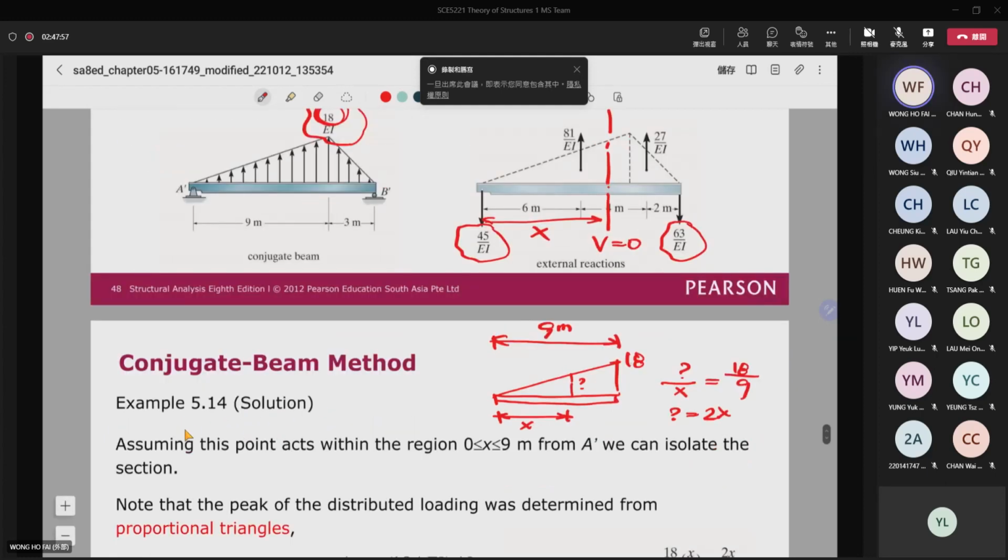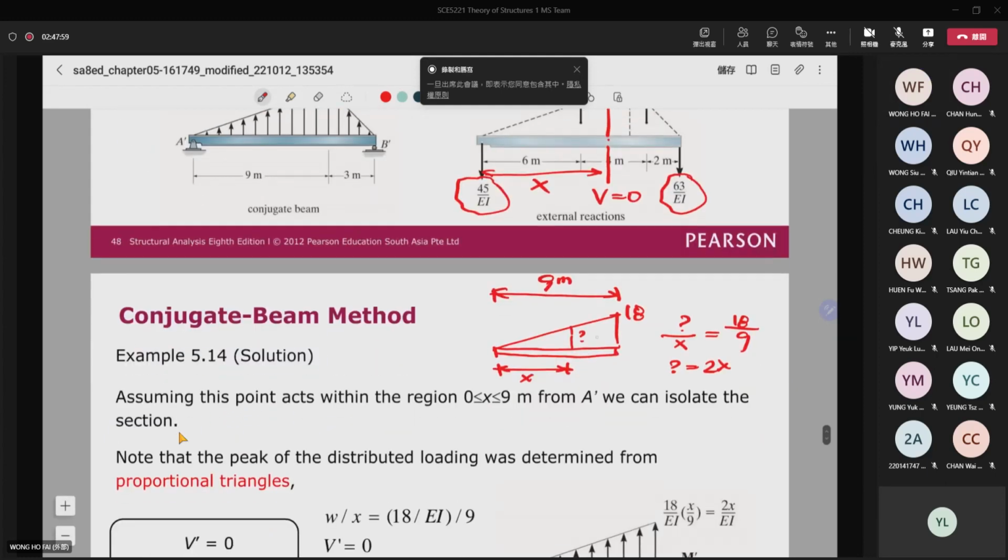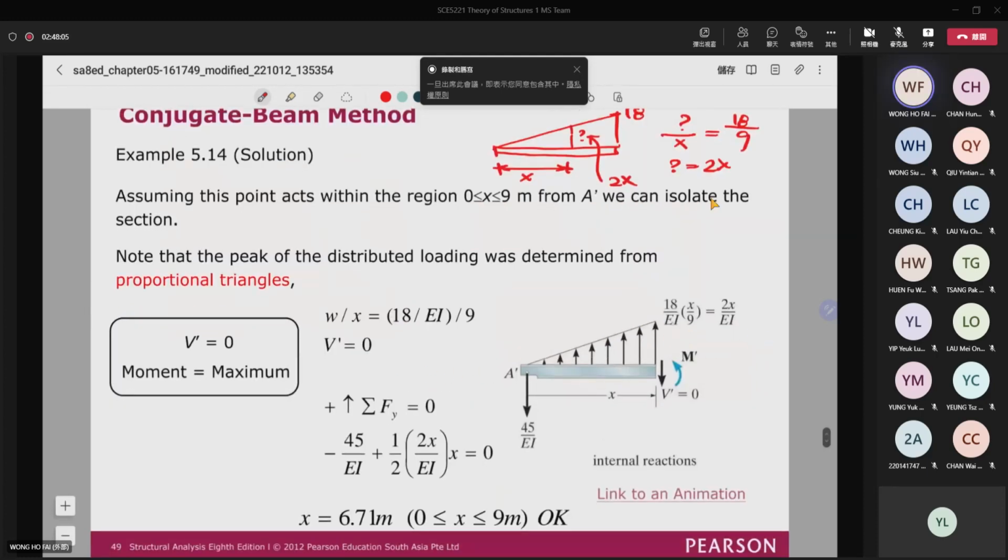So right here, if this is the question mark, then this is equal to 2x. That means the magnitude here is equal to 2x. Because it is an M over EI diagram, so it is over EI, okay? So we want to find the x so that this shear is equal to 0.